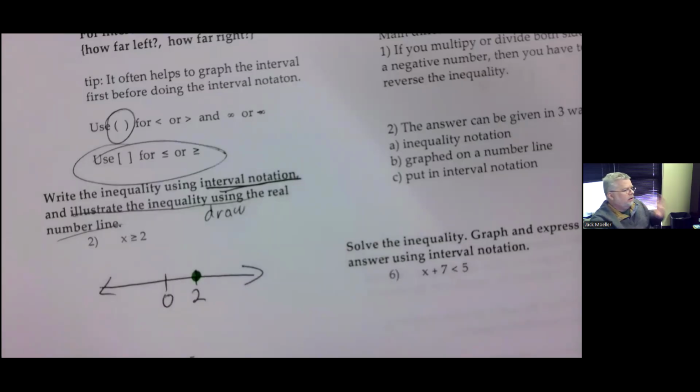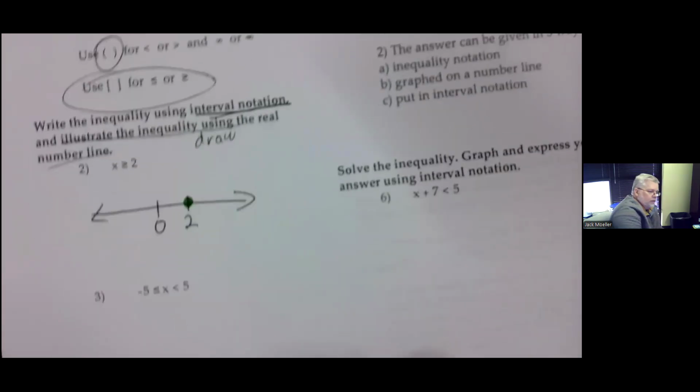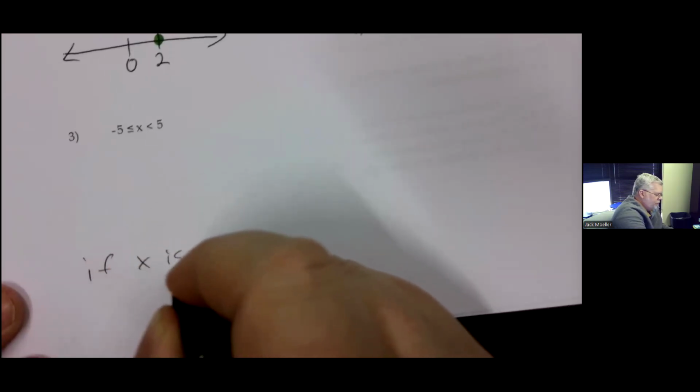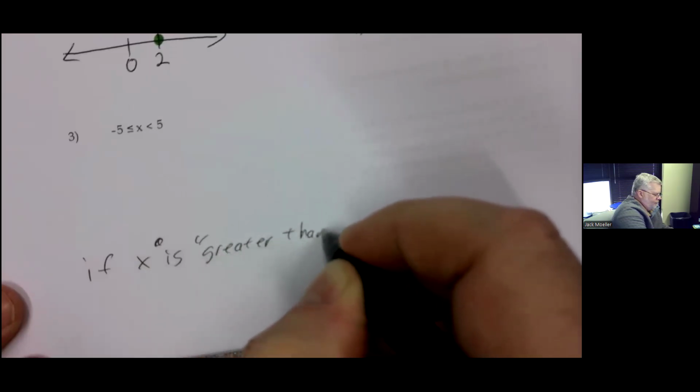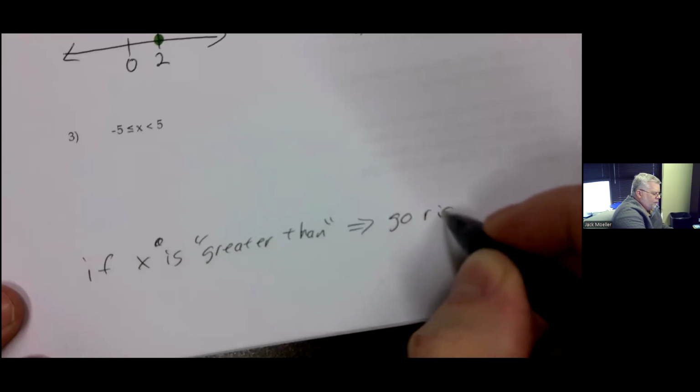And this is where, if it's sort of fuzzy, a lot of little mistakes are made. The key here is if x is greater than, that means go to the right.